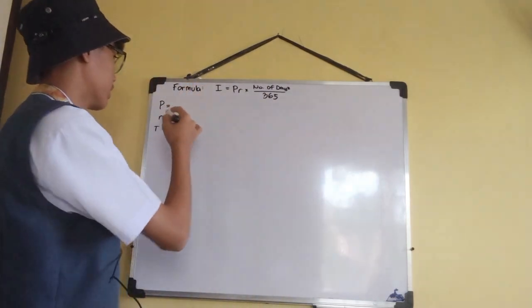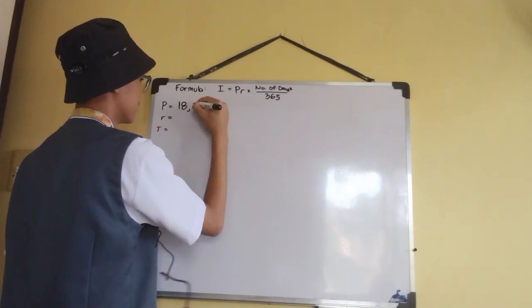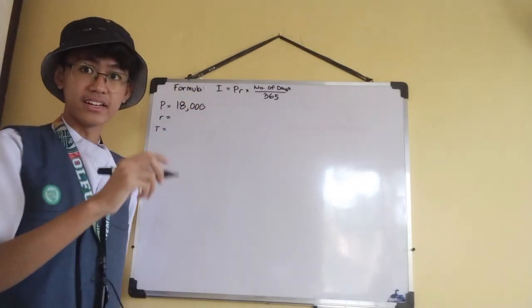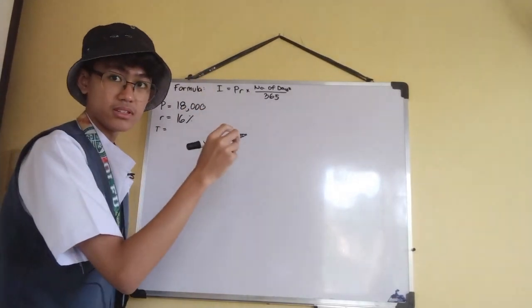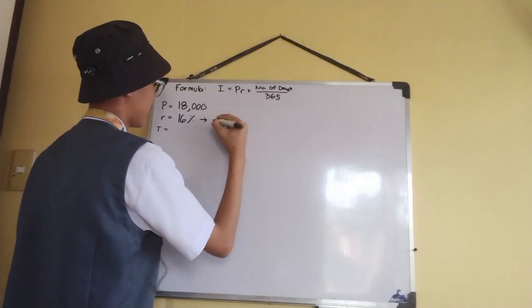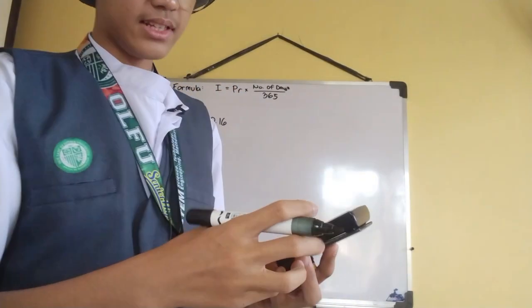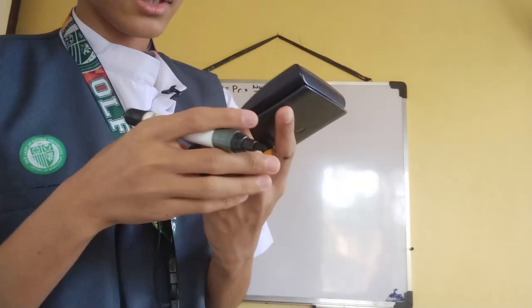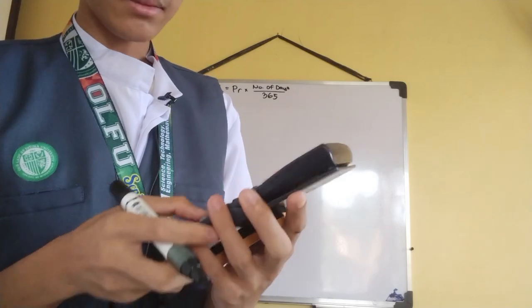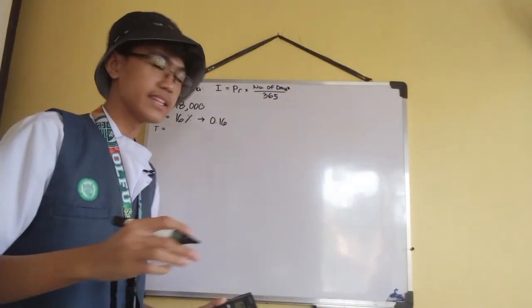Basing on the problem, we can identify that our principal value is 18,000 and our annual rate is 16%, which can be converted into decimal. To convert percentage to decimal, we simply take the number, 16, and divide it by 100, like so. See, 0.16.